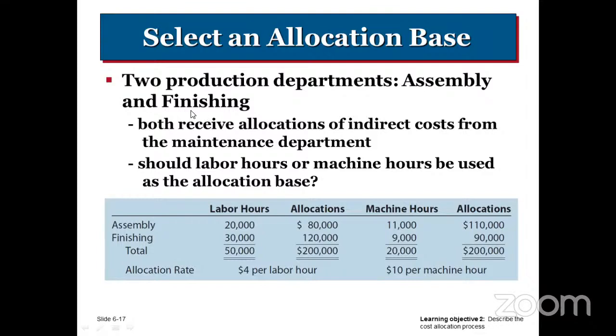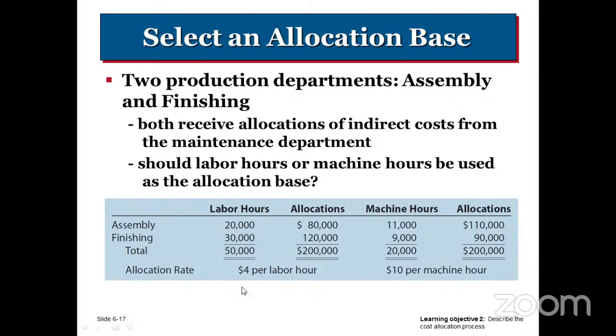Sometimes you need to do some finishing of the product. Both receive allocation of indirect costs from the maintenance department. So the maintenance department is the cost pool. It's the one who gives its cost to these two departments. You allocate its cost to the assembly and finishing departments. Should labor cost or machine hours be used as the allocation base?